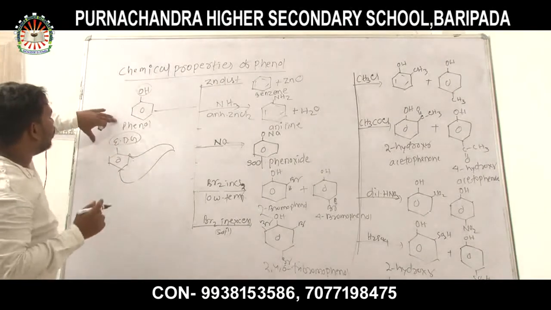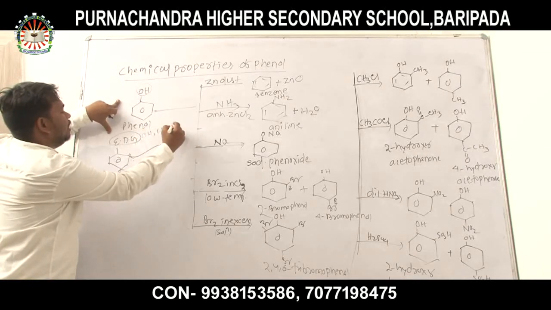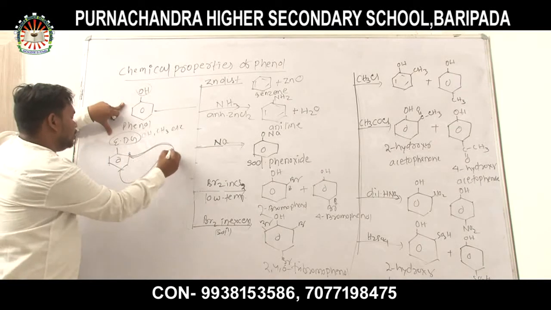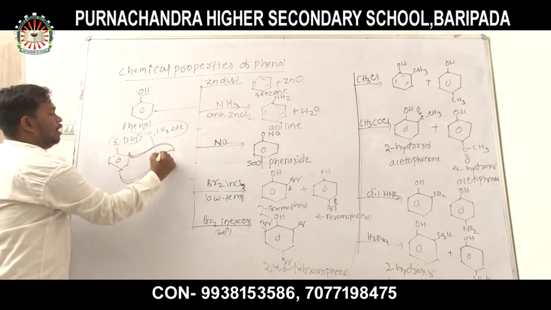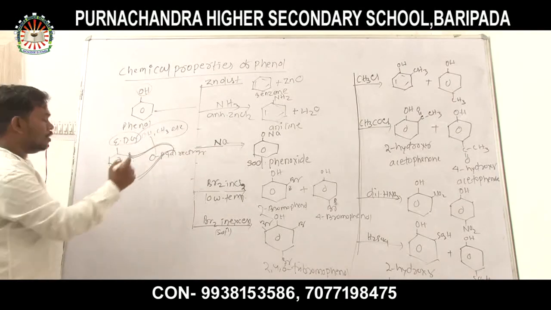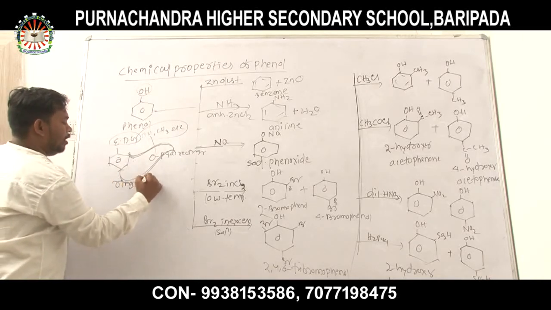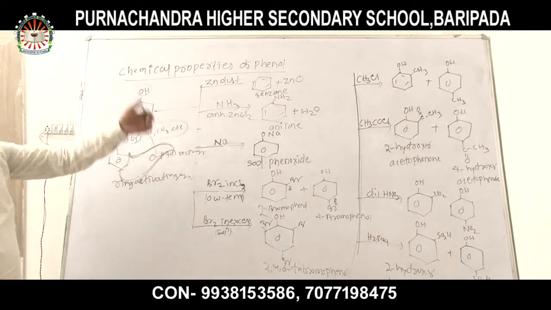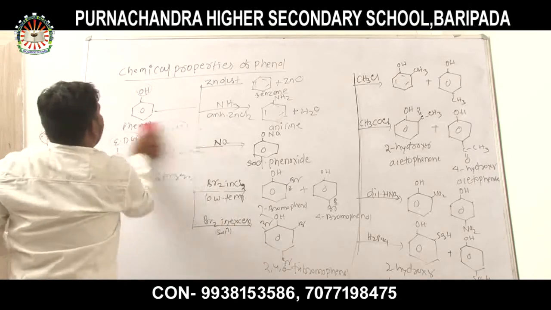I repeat: when a benzene ring contains an electron donating group like OH, CH3, etc., the incoming electrophile will attach at the ortho and para positions. These groups are called ortho-para directing groups. They are also called ring activating groups. Then we proceed to the next.